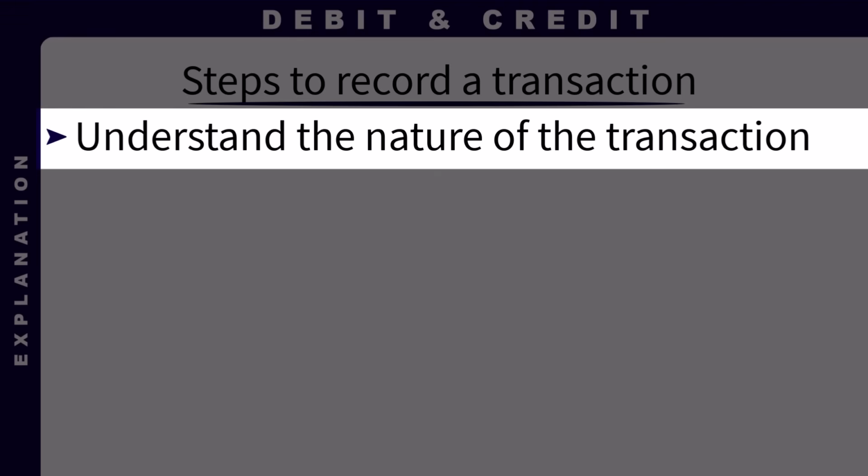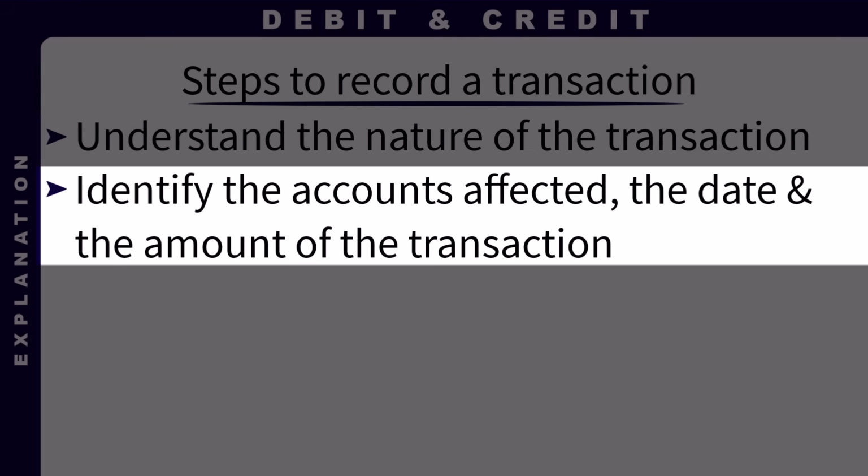The second step is to identify the accounts affected, the date, and the amount. By amount, I mean the dollar value. Dollar value, of course, for US and other jurisdictions operating in US dollar. When we say the accounts affected, we mean which accounts are increased or decreased because of the transaction. For example, if cash is affected, is it increased or decreased?